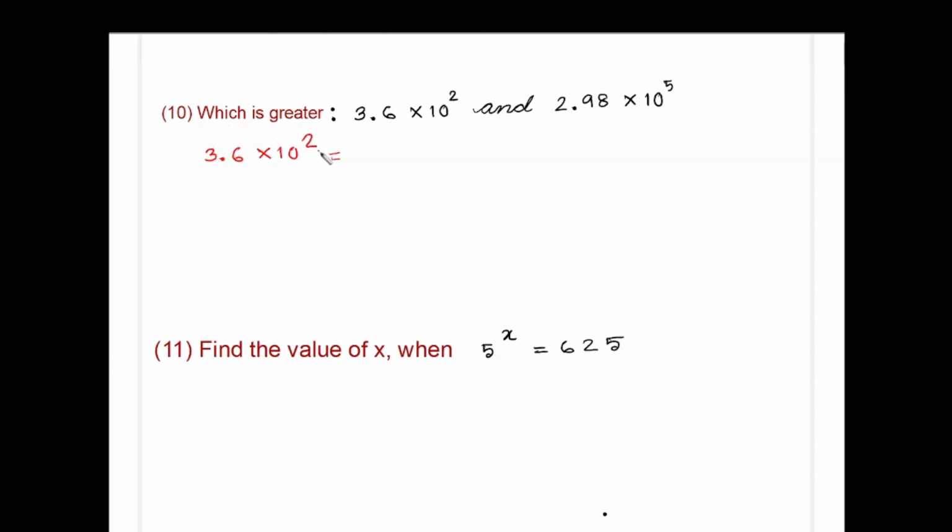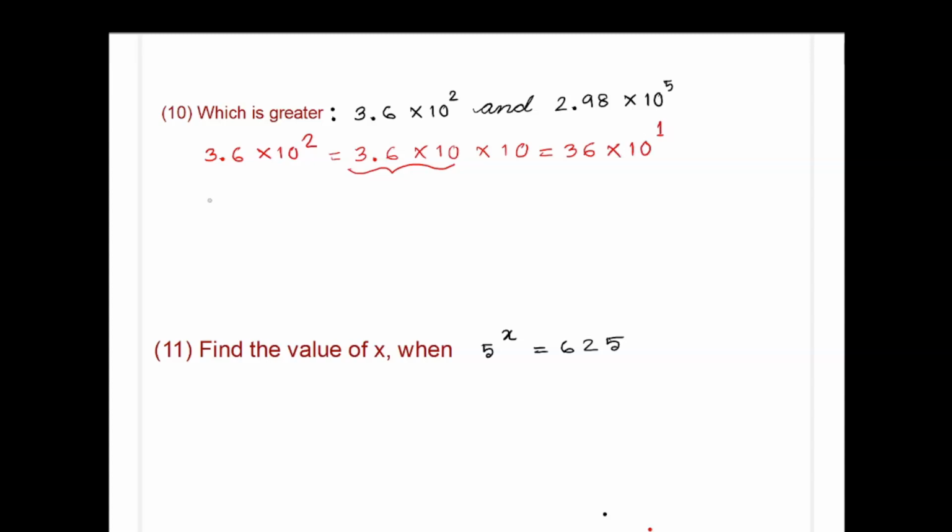Suppose here, if we will multiply, if we will do like that, 3.6 into 10 into 10. So the meaning is 10 to the power 2, or not? Same meaning. Just we are writing 10 to the power 2 as 10 into 10. Why we have written that one? You will know. See, 3.6 into 10 will give us 36.